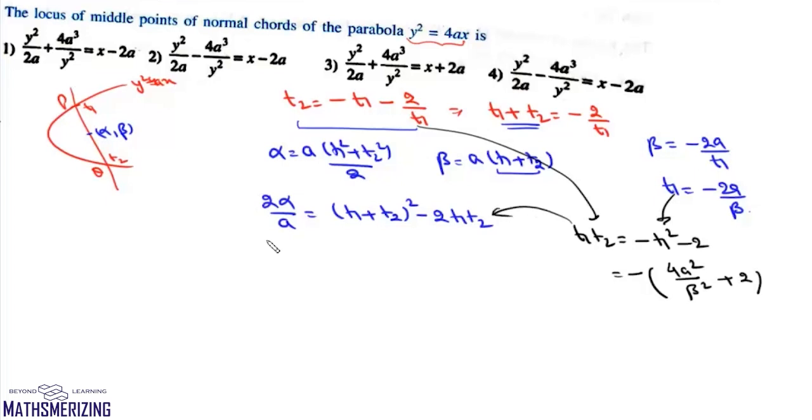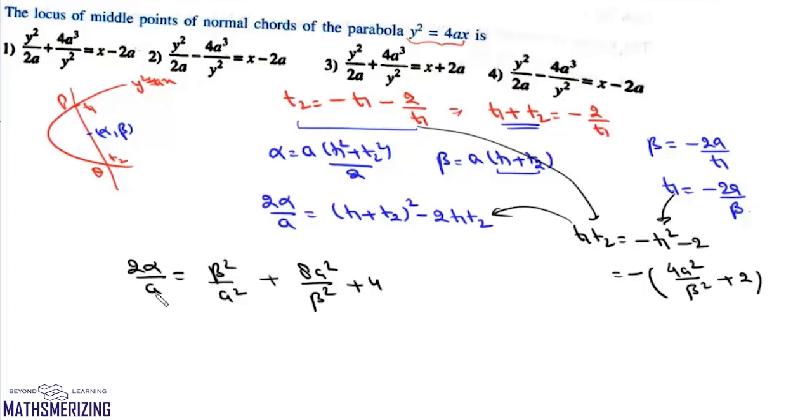Now we can write 2 alpha/a, and this is (t1 + t2) whole square. So it'll simply be (beta/a) whole square, so beta square upon a square, and then minus 2 t1 t2. So minus 2 t1 t2 will be minus, and minus will be plus, so it'll be 2 times (4a square upon beta square + 2), giving 8a square upon beta square plus 4.